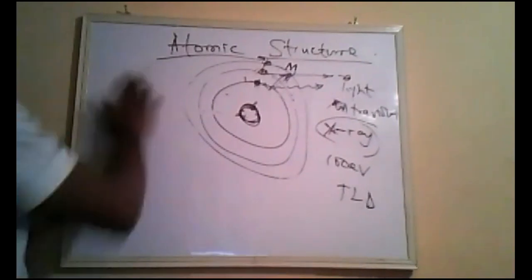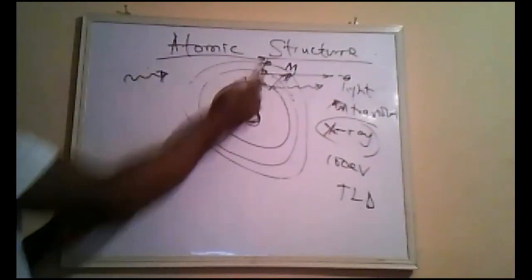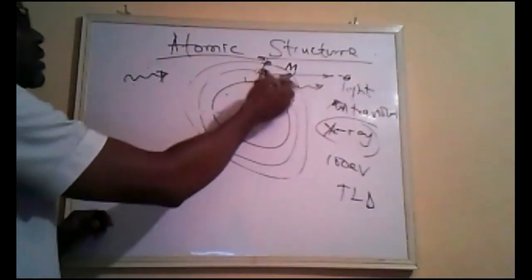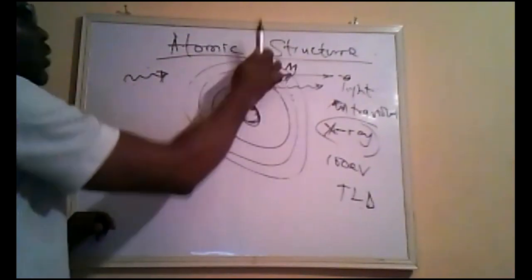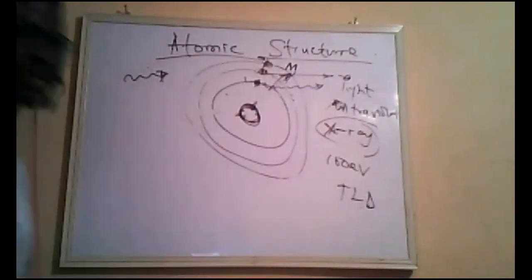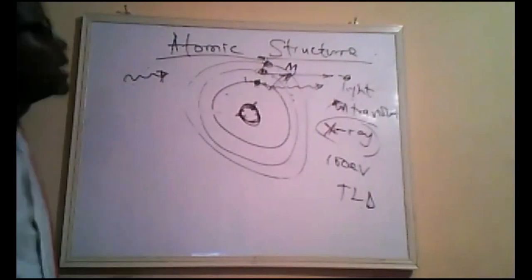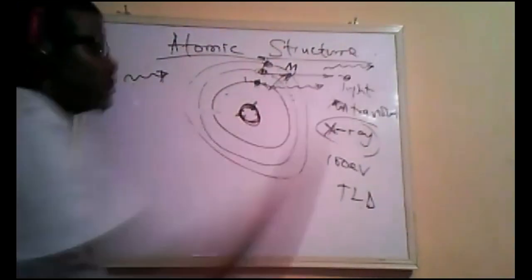Okay, so if you have radiation which knocks off an electron, the electron that has been knocked off will cause one other electron from outer shells to fill in that gap. And in filling that gap, the excess energy has to be re-emitted in the form of electromagnetic rays.